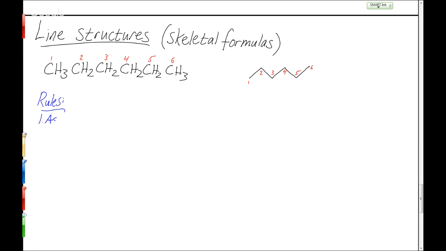And first, we're going to assume there is a carbon at each end and vertex, which is another way of saying intersection. So anytime we have an end of a line, or we have a place where lines connect or intersect, we're going to call that a carbon.